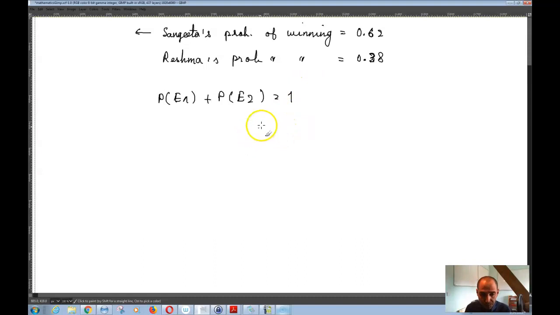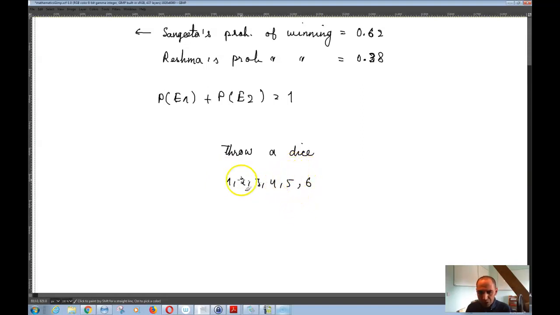Okay, so for example, in the case of numbers, when we throw a dice, all the possible outcomes of this experiment are 1, 2, 3, 4, 5, and 6.